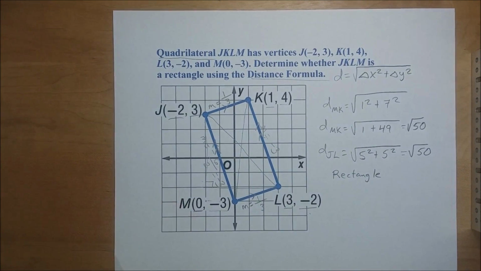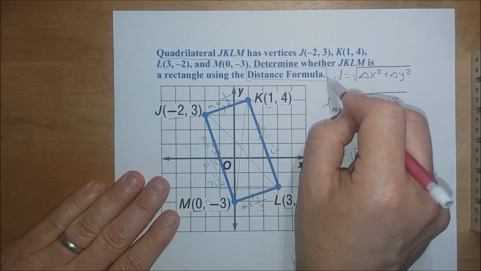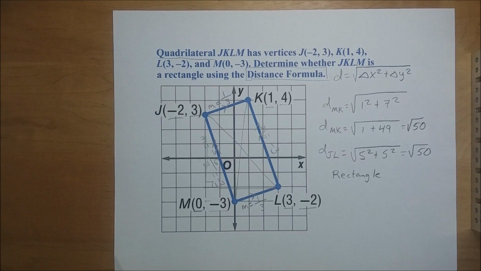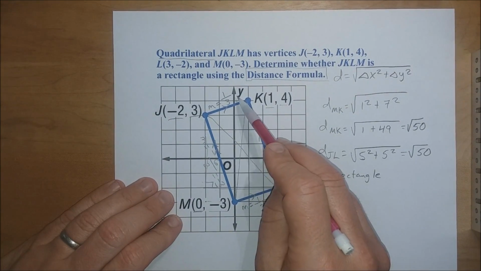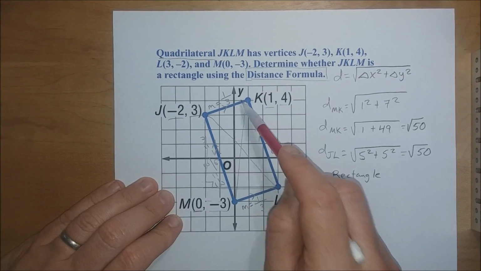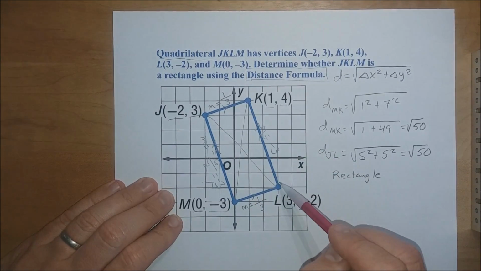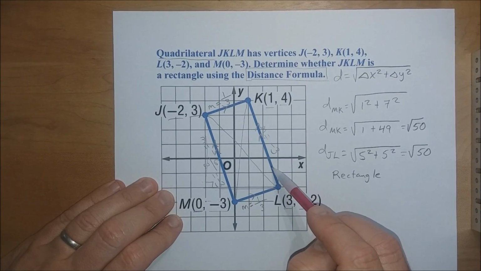Now, I'm going to show you another shortcut too. They told you to use the distance formula, but was there a faster way to prove that this is a rectangle? Once you did all that work to prove that it was a parallelogram, you had these slopes, right? This slope was 1/3, and this slope was -3. Positive 1/3, -3.